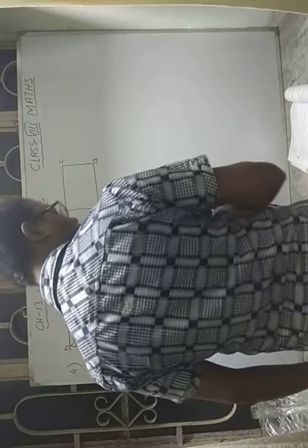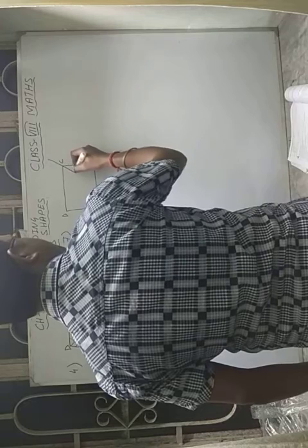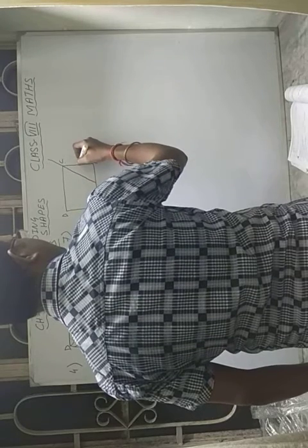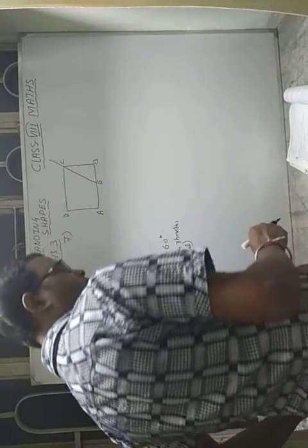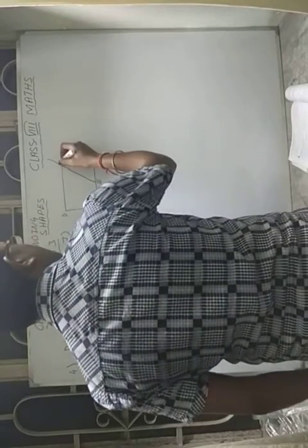Now first of all, I'll draw the figure. Here is the rectangle. The name is A, B, C and D. So here is a straight line which passes through the vertex C and touches AB at E. Here the figure is given.